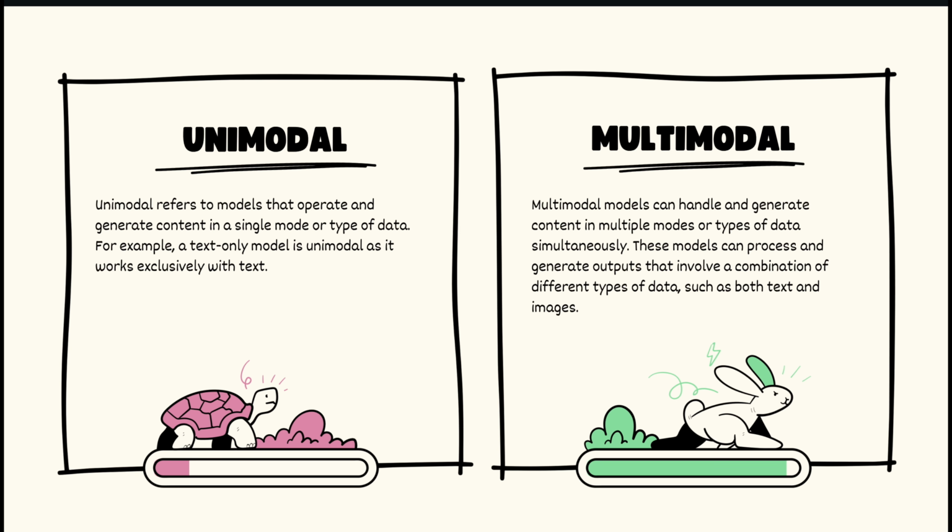If the input is one modality, the output is one modality. So it's called a one-to-one relation between input and output. But multimodal models can handle one to many. They can train on multiple inputs and generate output in multiple modalities, like text, images, audio, video, all the things. So these are the differences between multimodal and unimodal.